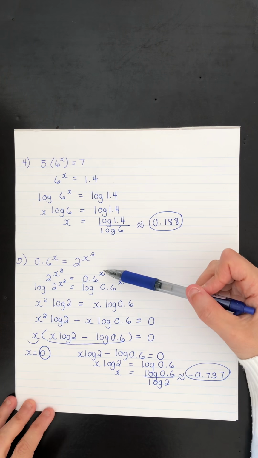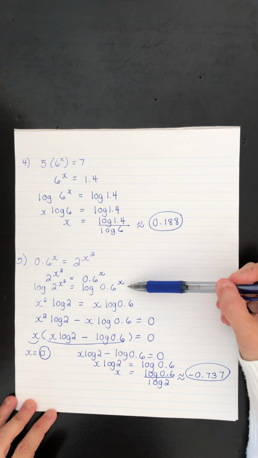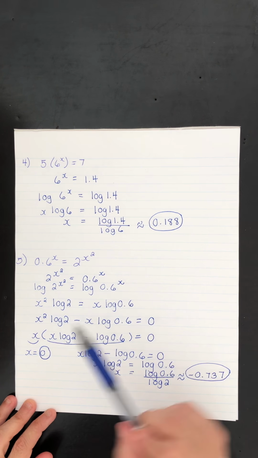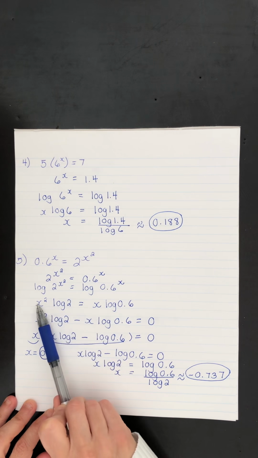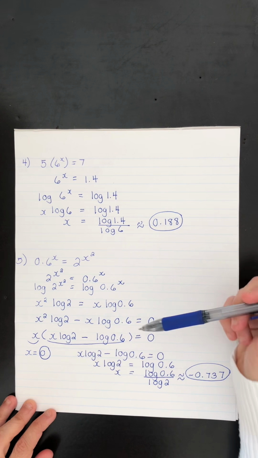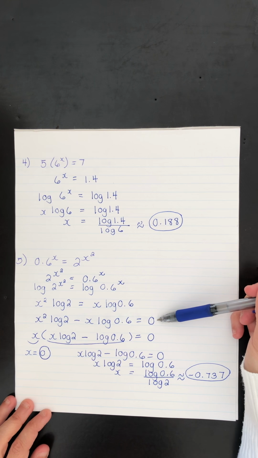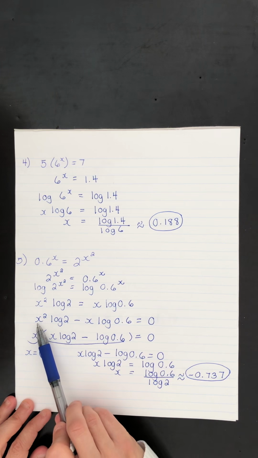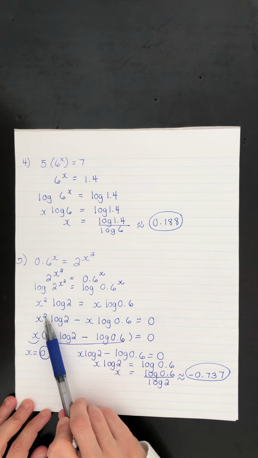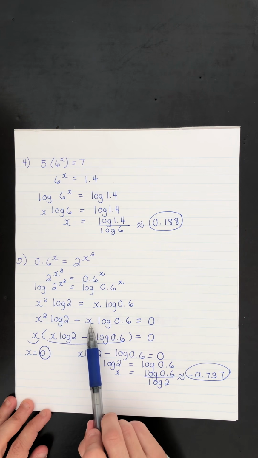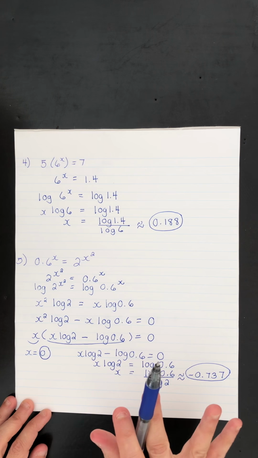Okay, quick recap here. We took the log of both sides. We recognized that x was present in both left and right sides, so we brought both terms to one side. This is quadratic. The exponent here of 2 ensures that this is quadratic, not linear.